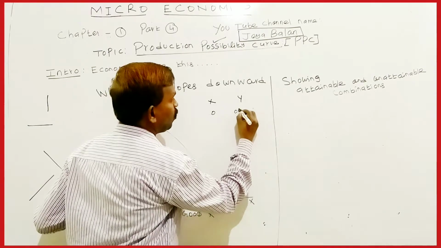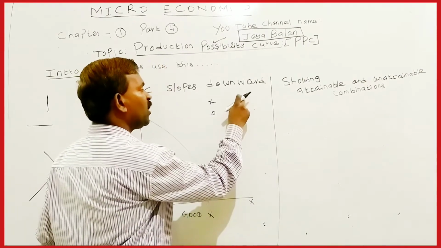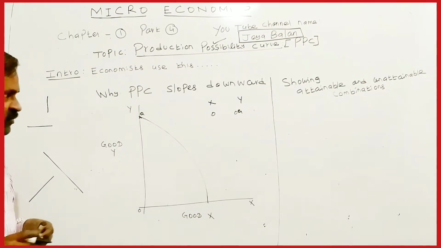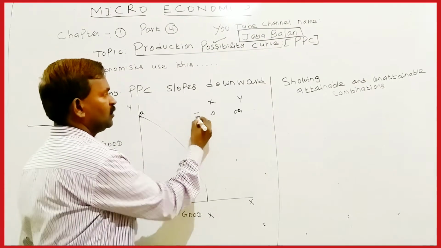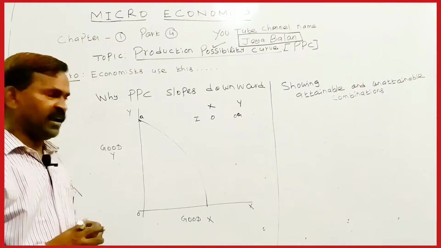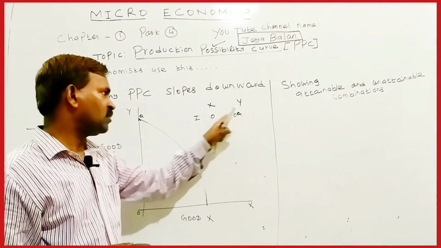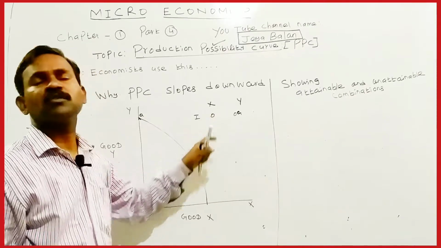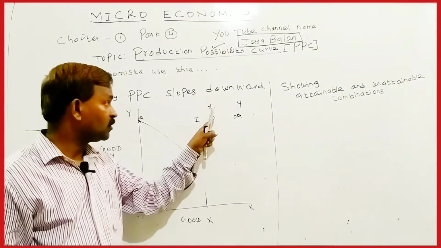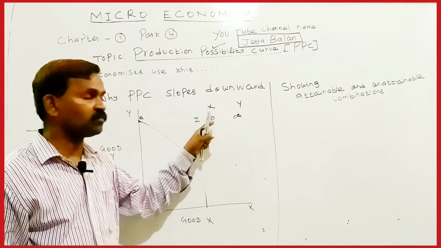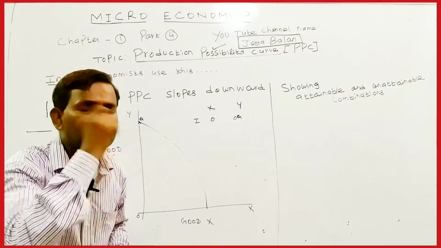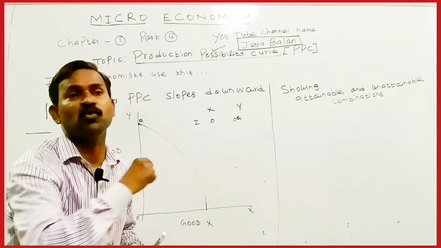OA quantity of commodity Y, and 0 of commodity X. This is one combination. Suppose you feel that, no sir, I don't want to go for this combination of two commodities X and Y, because no single unit of X is produced. So you feel that at least a few units of commodity X must be produced.